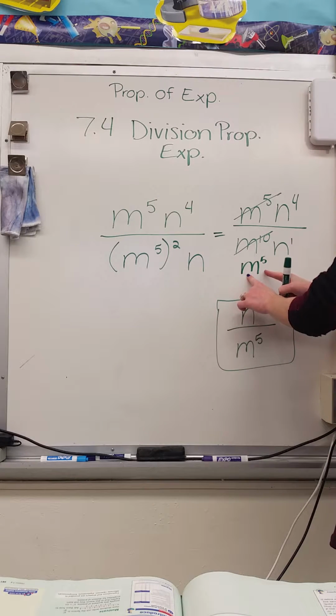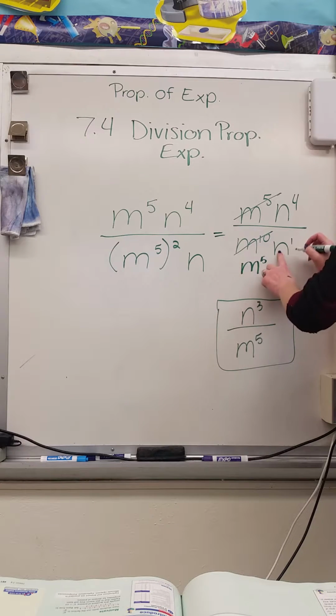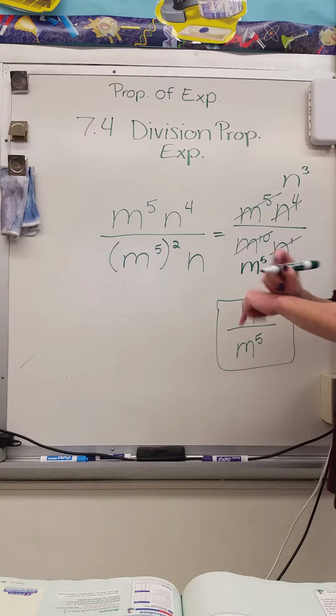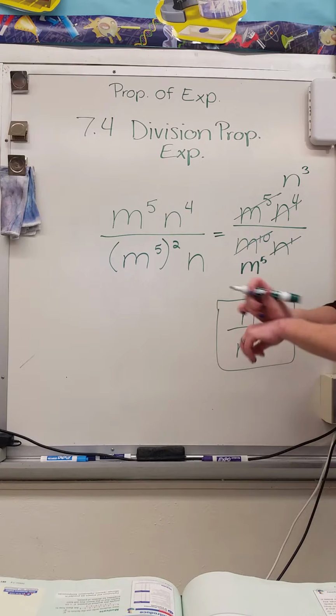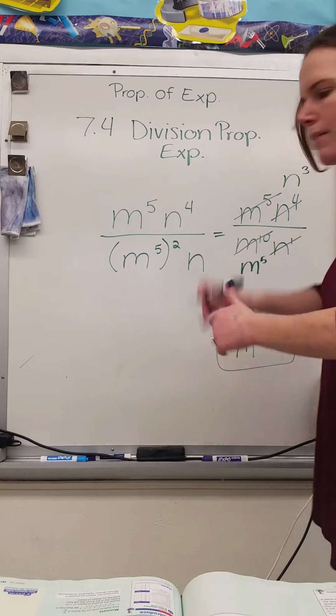So I started thinking of it after a while as more of a canceling, where I'm left with 5 m's down here, and then one of these n's goes away, leaving me with 3 n's up here. And that might be easier for you, rather than thinking of it as subtracting, as just thinking of it as canceling.